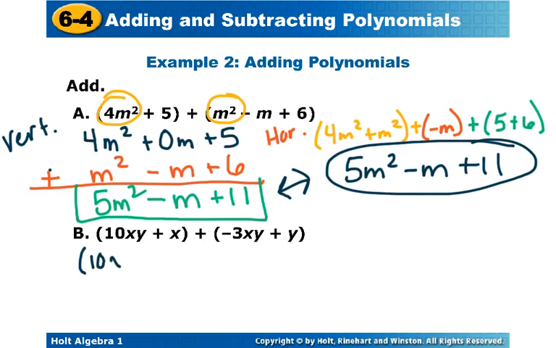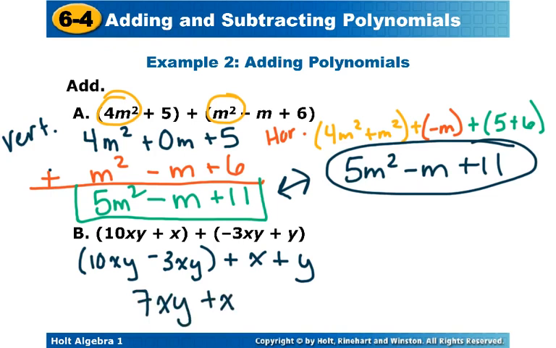So 10xy minus 3xy plus, now you just have x plus y. Okay, so now simplifying, 7xy plus x plus y. And there's your final answer.